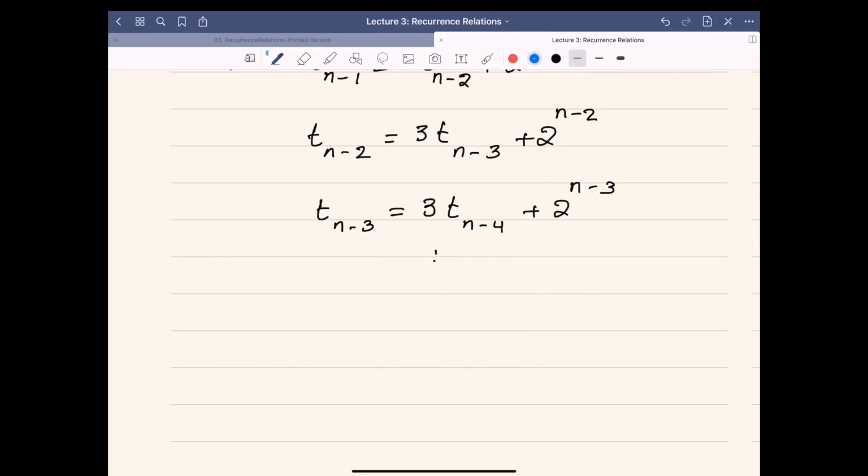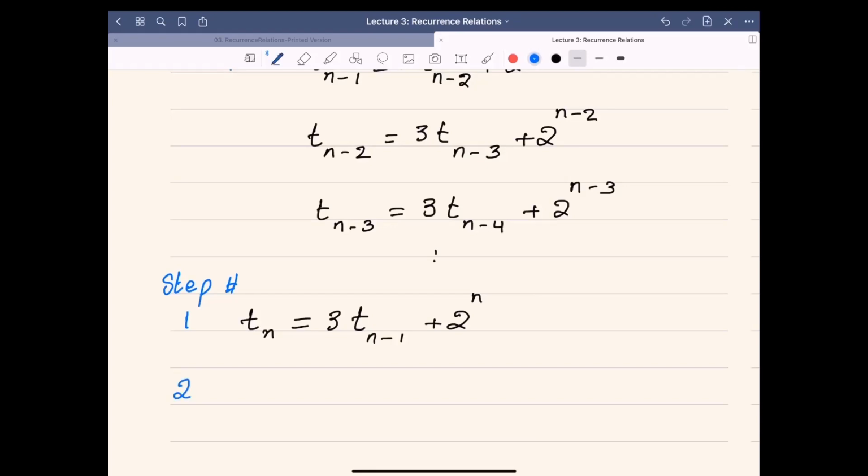Then we will do back substitution. This is step number 1. In step number 1, we have the equation for Tn, which I wrote as An by mistake, but it's supposed to be Tn. So Tn is equal to 3 Tn minus 1 plus 2 to the power n.